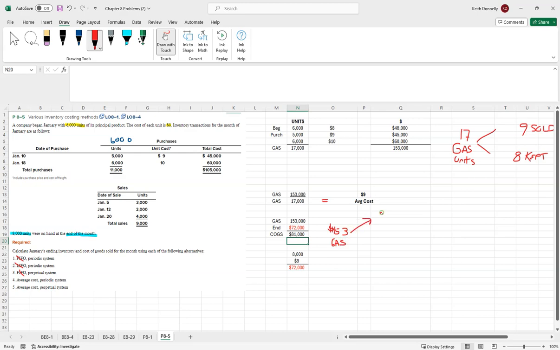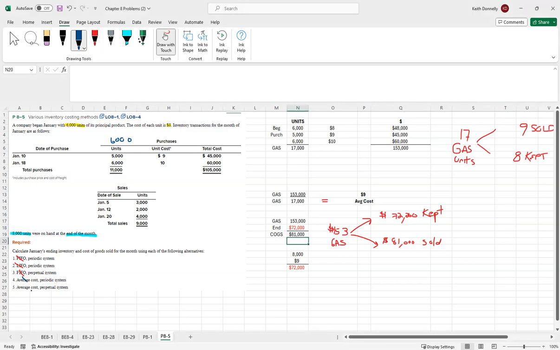Of that amount, $72,000 we kept, and $81,000 we sold. Okay, that's the idea there. That's weighted average periodic.